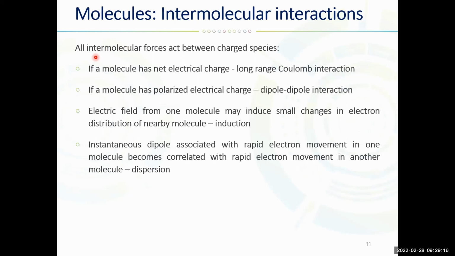You can have atoms or molecules that have a permanent dipole associated with them. These will give you dipole-dipole interactions, and they will give you an electric field for one molecule. This will be referred to as an induced dipole moment. And the induced dipole can also be associated with rapid electron movement, as one molecule becomes correlated with rapid electron movement in another molecule, and this will be called dispersion intermolecular interaction.